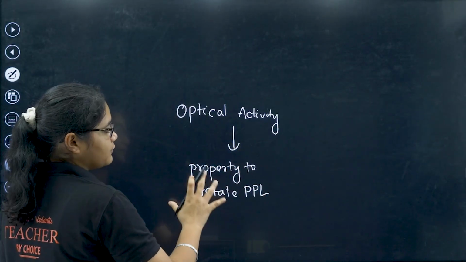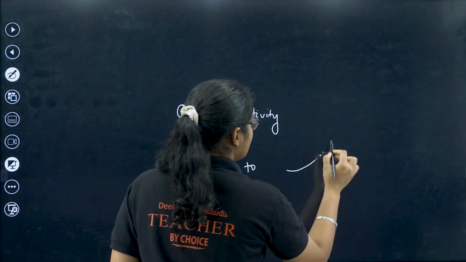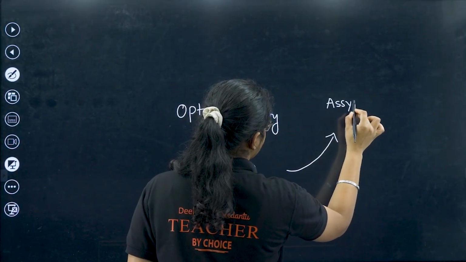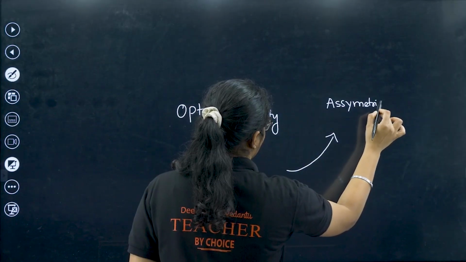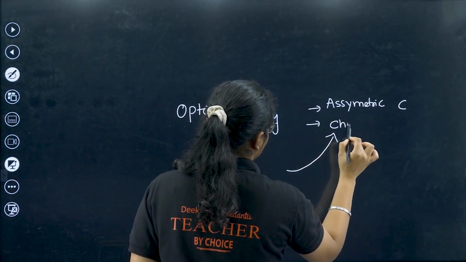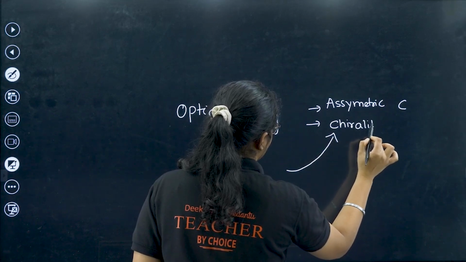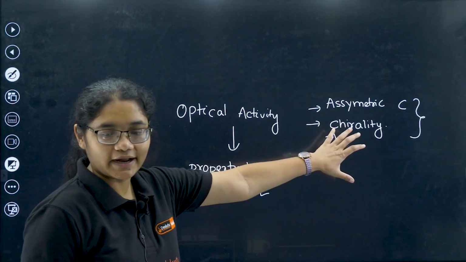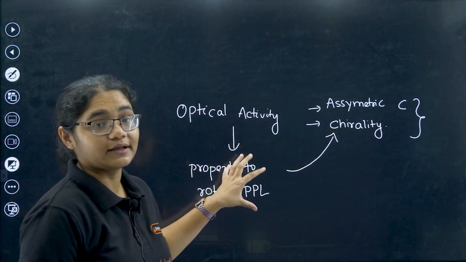Now which compounds will have this property? You should have two conditions for that. One is an asymmetric carbon, and the other one is chirality. If these two conditions are satisfied, then that molecule will be optically active.